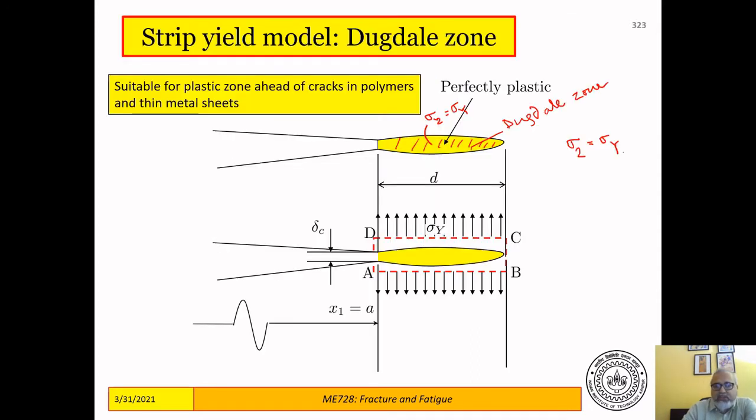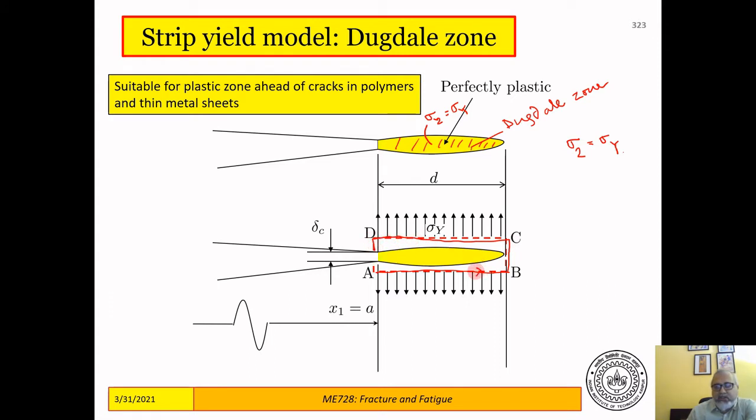We will first of all assume that the Dugdale zone is very small, and we'll take a contour around the Dugdale zone, starting from the lower crack tip, going around the Dugdale zone to end at the upper crack tip.